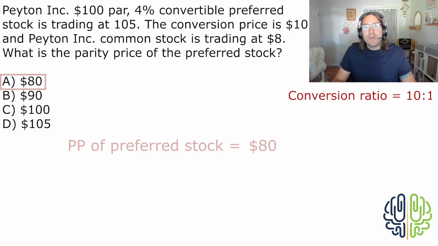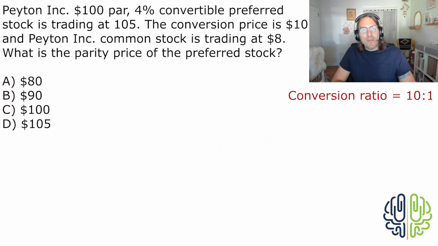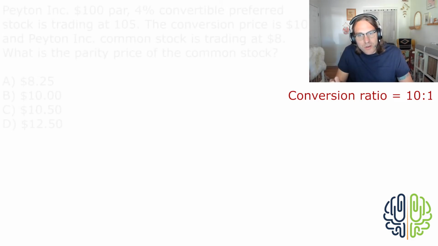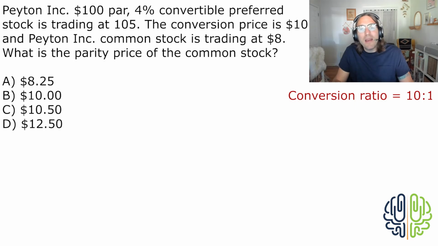Now, you might also know that there's another version of parity price. It's the parity price of the common stock. So let's go ahead and use basically the same information, but slightly change the question to what is the parity price of the common stock? We will still have the same conversion ratio of 10-1 because nothing has changed in terms of the first two sentences of our question.